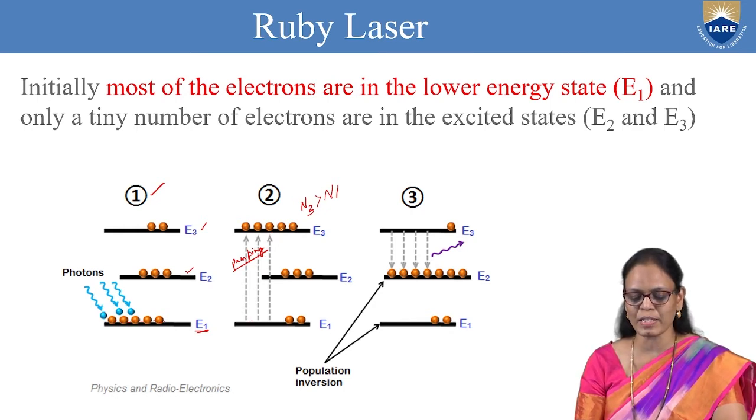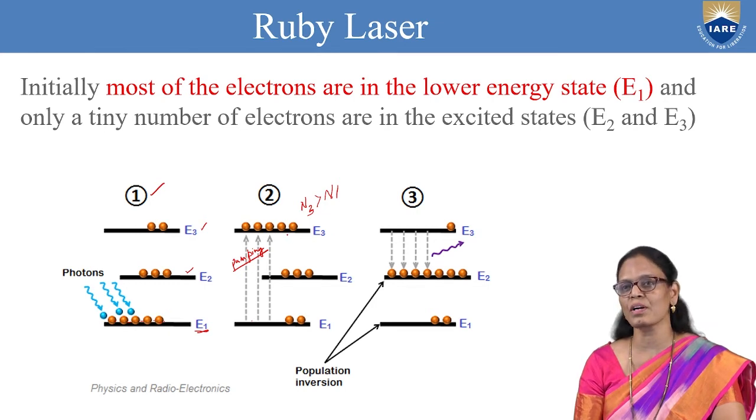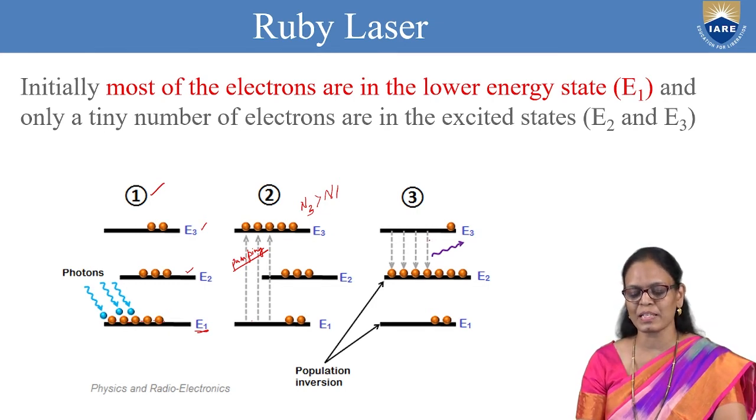But what happens in E3? They cannot stay for a longer time. They emit radiation and come to E2, which is the metastable state. There is a transition from E3 to E2.